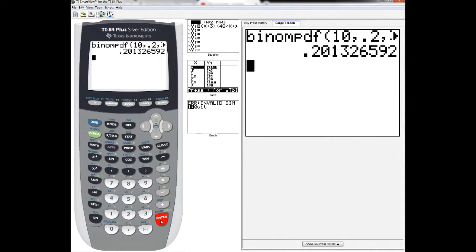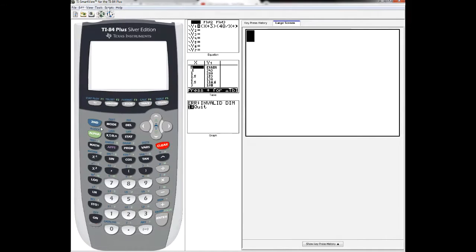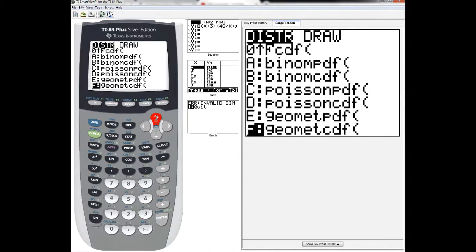There's the probability that you would guess exactly 3 questions right. A fairly common outcome for this particular quiz, okay, if you're guessing. All right? That's the binomial PDF. Think of probability that x equals 3. Okay? X equals 3.